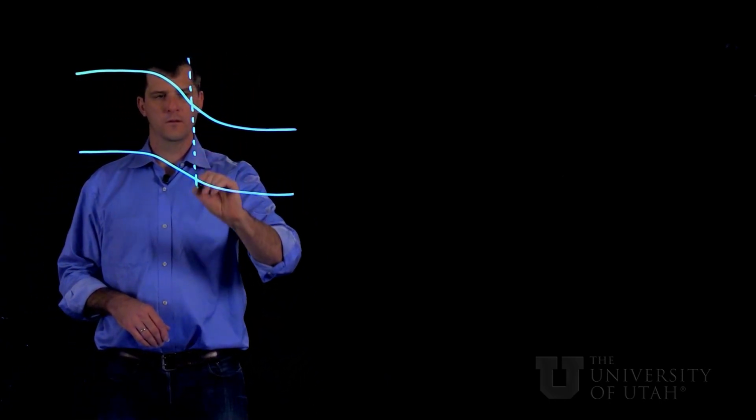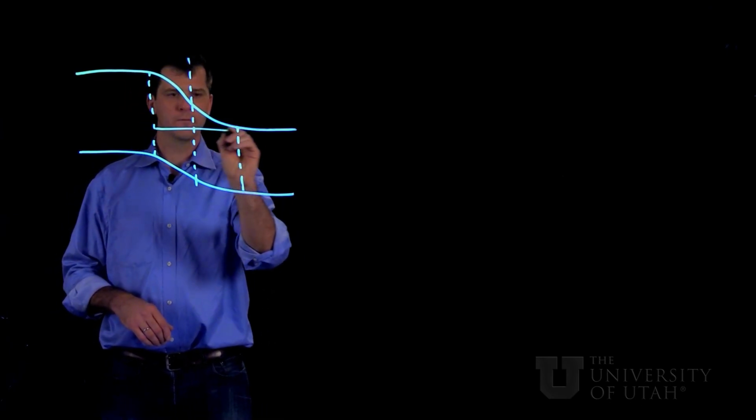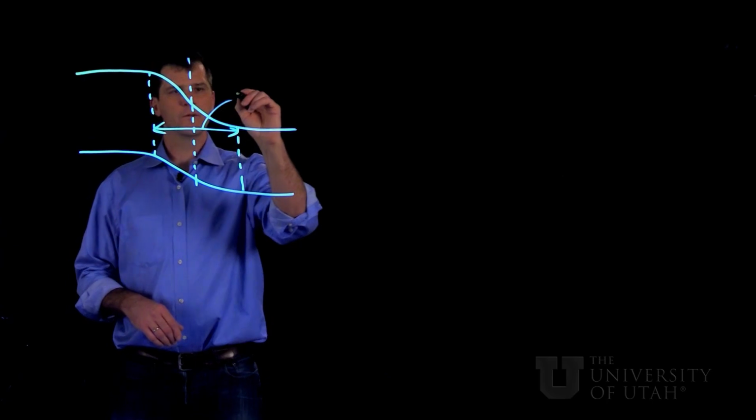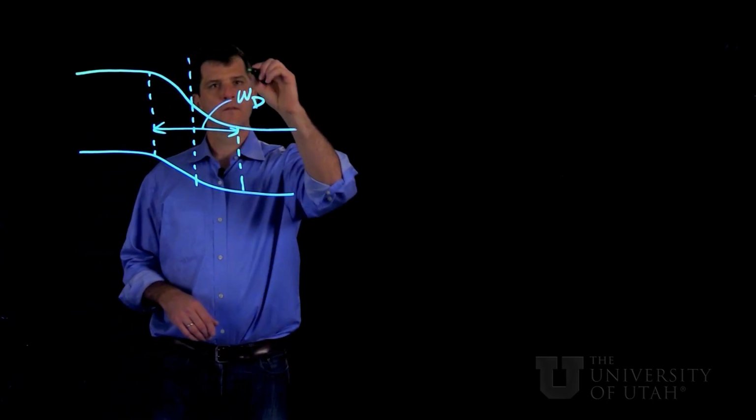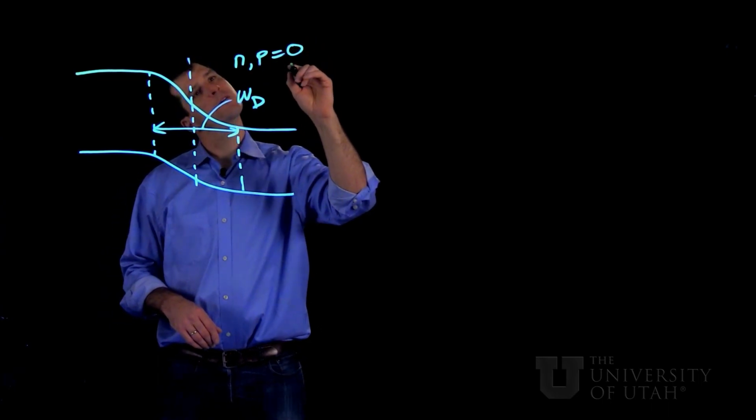Okay, so now let's start to use the results of the derivation of the electrostatics of a p-n junction. So perhaps the most important quantity that we can solve for is the actual depletion width. The depletion width is the region over which we're assuming that n and p are actually 0.